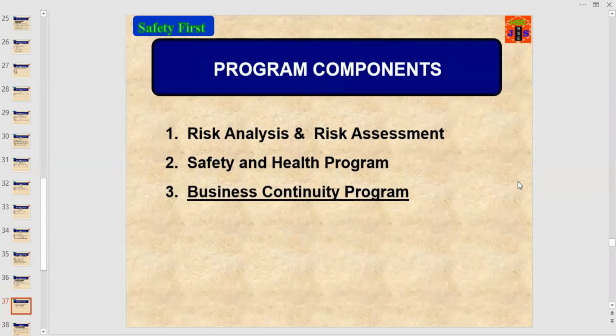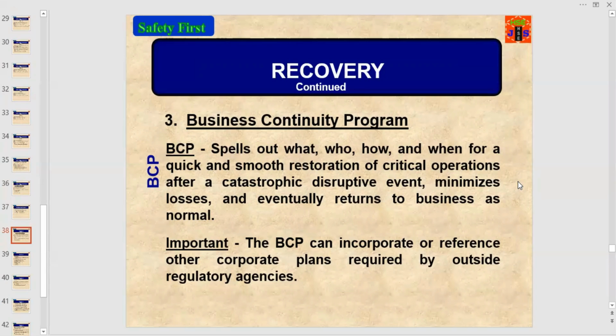Now, let us discuss the third element of program components, that is the business continuity program. In the business continuity program, recovery is a very, very important element.